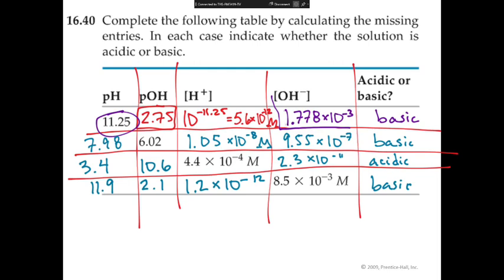The other thing I want you to think about is your pH values and your pOH values. It's not a perfect way to check yourself, but you can always look at those exponents on your scientific notation and see if they're close. They're not going to be exact, but they won't be off by more than one value. So if this is 12, the pH should be somewhere between 11 and 13. It's got to be within one digit of 12.